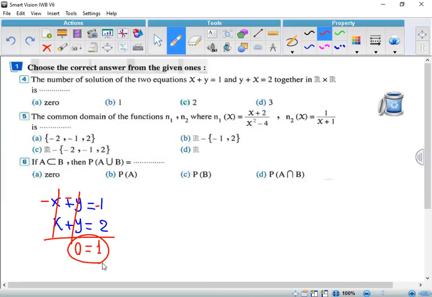If 0 equals 0, we say it has an infinite number of solutions. In this case, 0 equals 1, we say there is no solution. You know that the two straight lines are parallel. Then the number of solutions is 0.